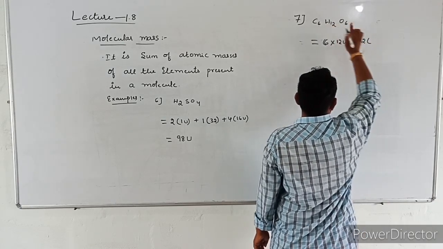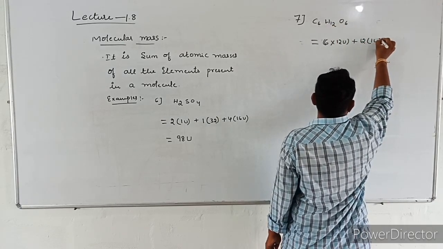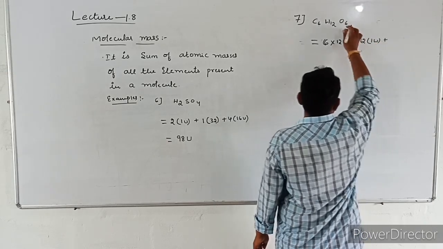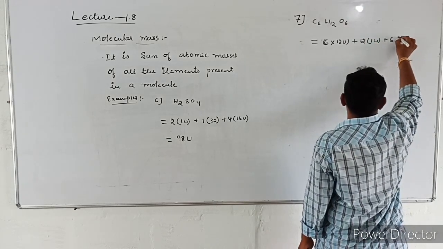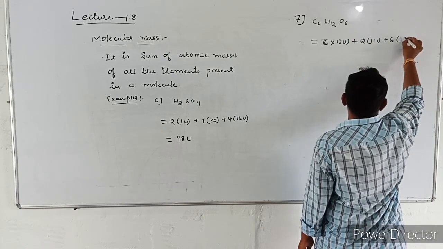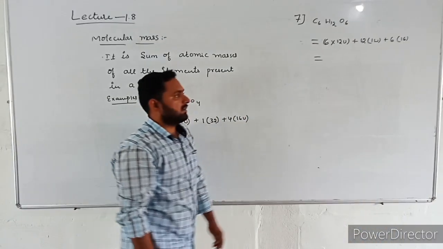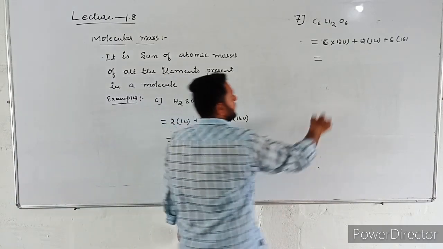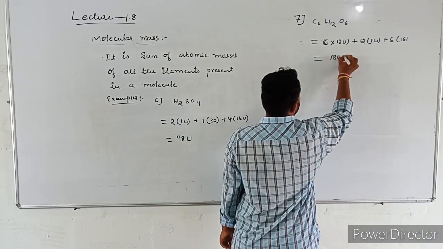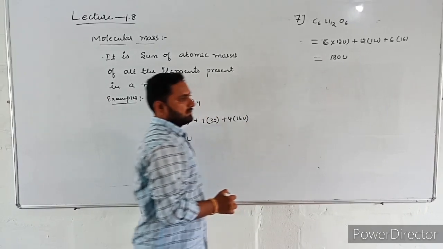What is the atomic mass of one hydrogen? 1 unified mass. Plus, how many oxygens are there? 6 oxygen. What is the atomic mass of one oxygen? 16 U. Now multiply these values. After calculating, you will get 180 U unified mass.